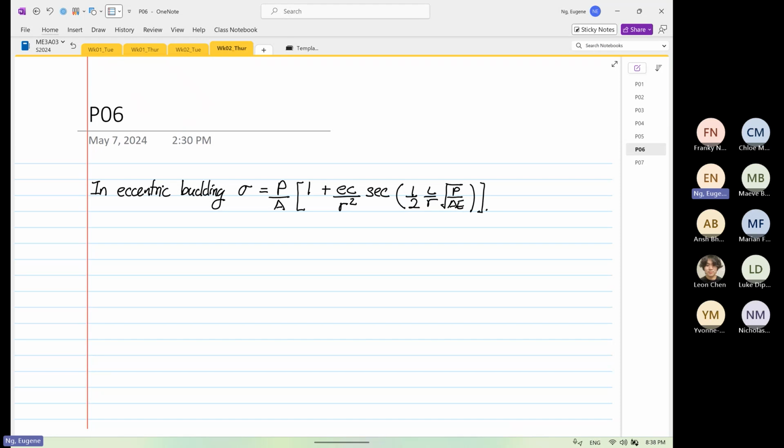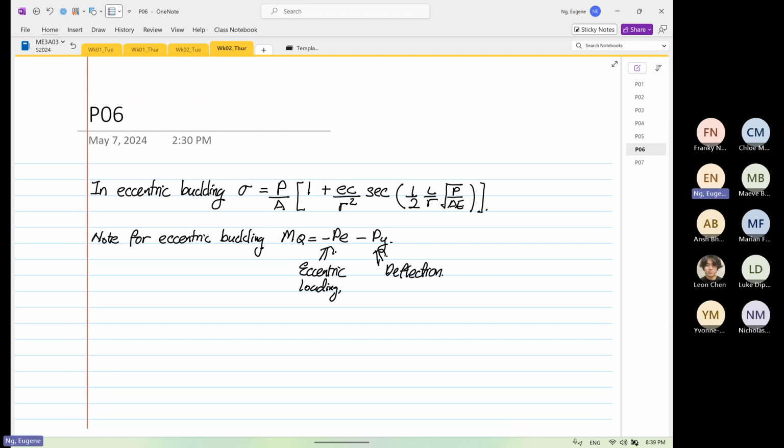So why is that? Note for eccentric buckling, the moment at point Q is equal to minus P E minus P Y. And like what I wrote before, this is due to eccentric loading, and this is due to deflection.